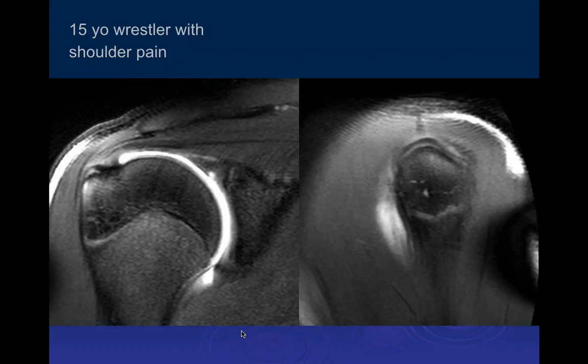It's a far sagittal image, and there's a little bit of increased signal intensity posteriorly, which may be within the infraspinatus. On the coronal, there's a high signal intensity there as well. It's not as bright as the contrast itself. So maybe some partial thickness tearing, and there's a little bit of edema within the greater tuberosity as well.